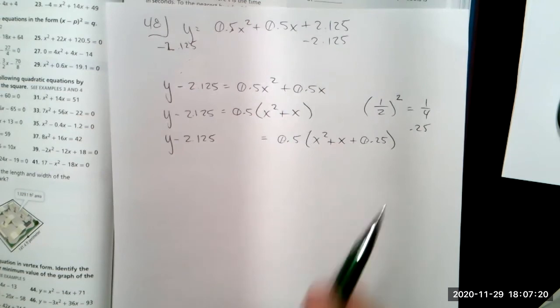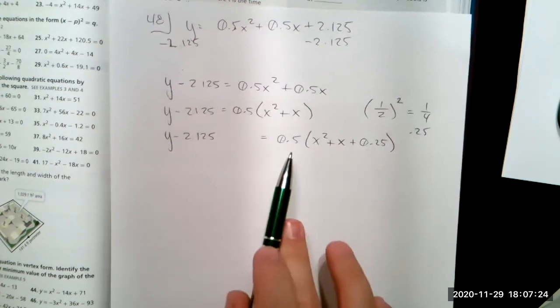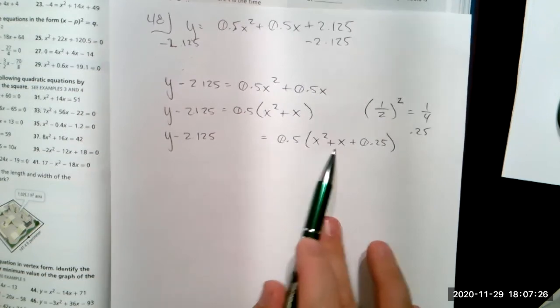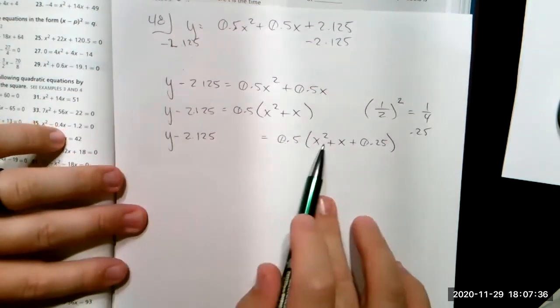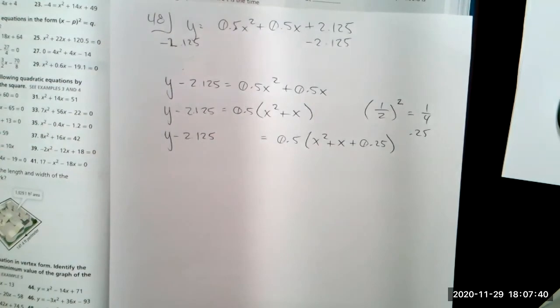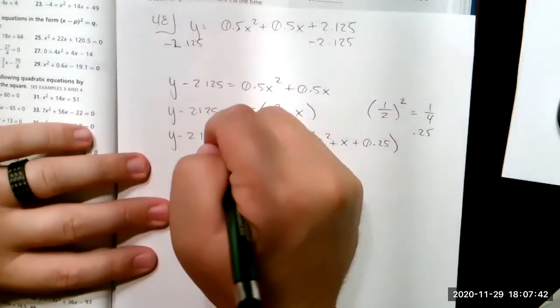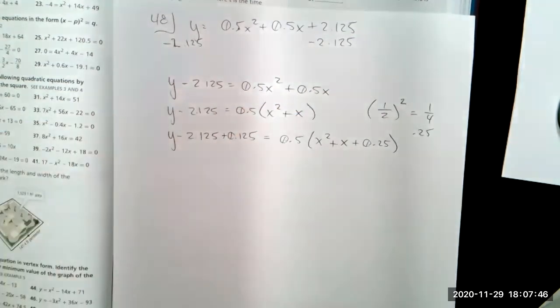Now keep in mind, I am not just adding 0.25 on the right-hand side. If I distribute this 0.5, I'm actually adding 0.125. So when I distribute that, this number that I'm adding in there is actually 0.125. So that's what I'm going to add on the left side as well.